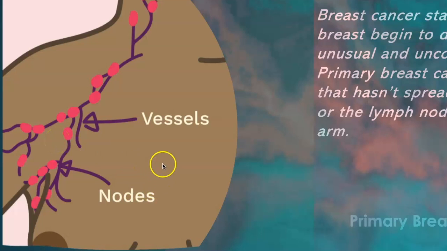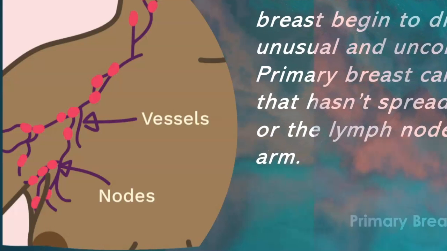And when the breast has a tumor that's beginning to expand, it's possible that some of those cells will get into the vessels and then into the lymph nodes that drain the vessels and then move into the circulation. This is where we're going to an invasive breast cancer that has the potential to become metastatic.